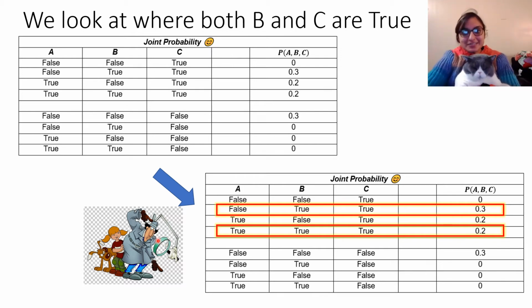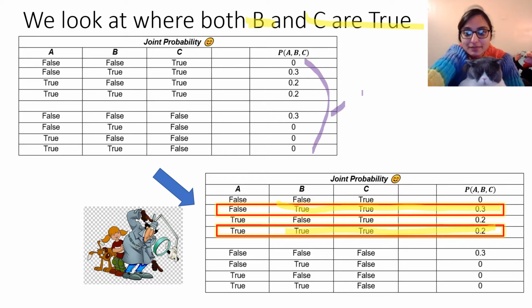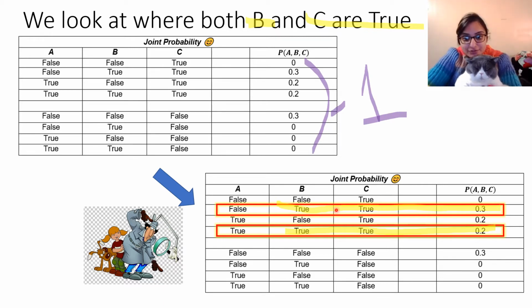So what we will do here is look in this probability table of 8 outcomes and see where not just B is true, but where C is also true. We see B being true here and C being true here is 30%. But A is false there. And B being true and C being true but A being true is 20%. So it doesn't really matter here. From all these 8 different outcomes, which sum up to 1, we're just concerned with where B is true and C is true.